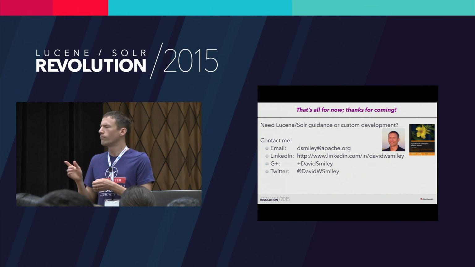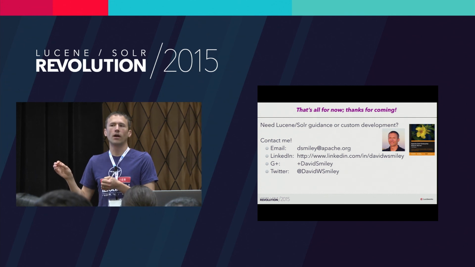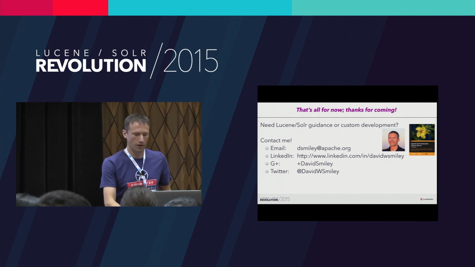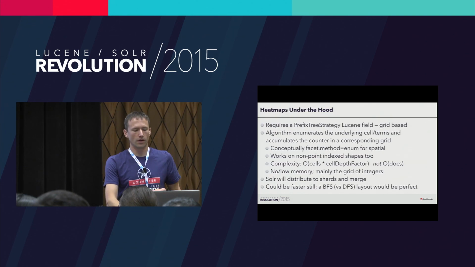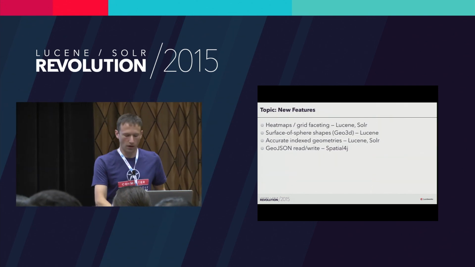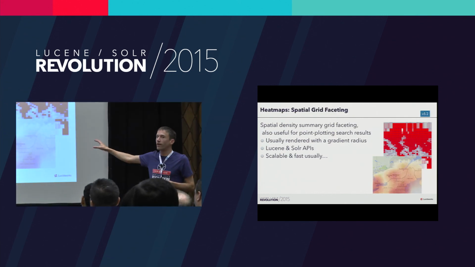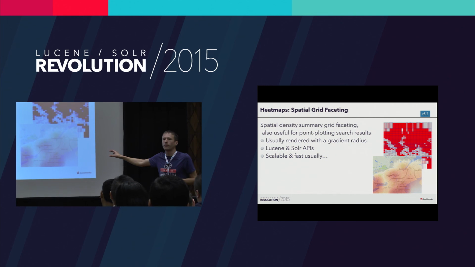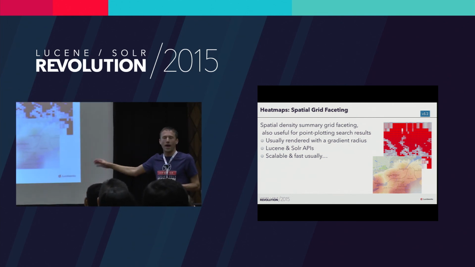Another thing I wanted to mention about the heat map stuff that I didn't mention in the beginning is that it's also useful for point plotting purposes. The two examples in the beginning were all very summary level gradients. But if you ask for a very, very high density heat map, at that point it's not really a heat map anymore. It's putting your dots on the map.